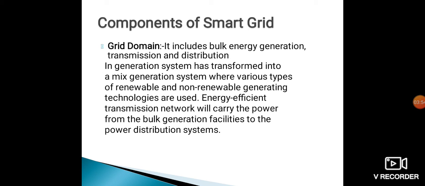Now we will discuss about the transmission. The transmission system that interconnects all major substations and load centers is the backbone of integrated power system. Transmission line is the line which connects substations and load centers.